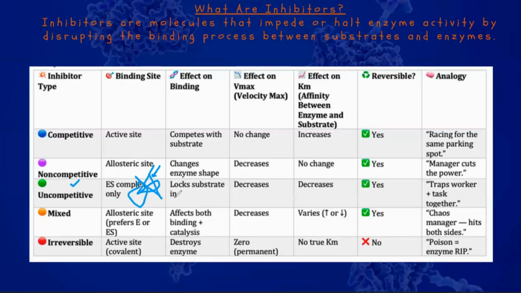It basically traps that substrate to the enzyme, to that active site, but basically there's something on the outside of that that attaches to it. And that's called the uncompetitive inhibitor.